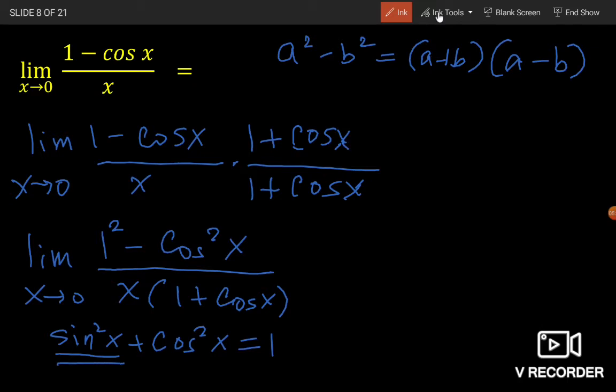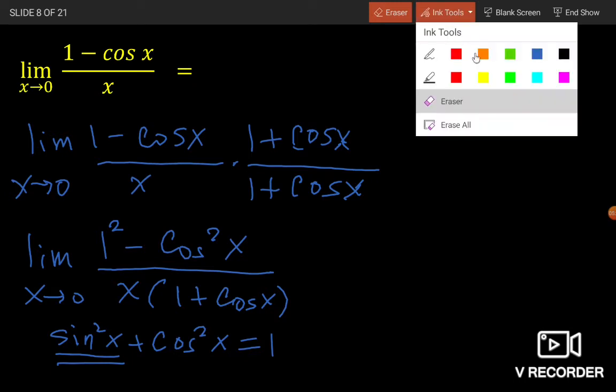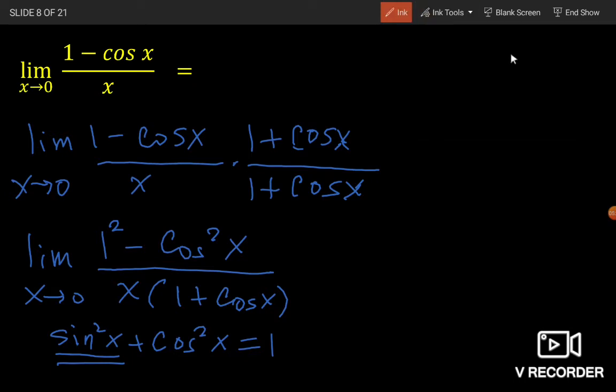So now we can see therefore that 1 minus cosine squared x, from the trigonometric identity of sine squared x plus cosine squared x equal to 1, is basically equal to sine squared x.